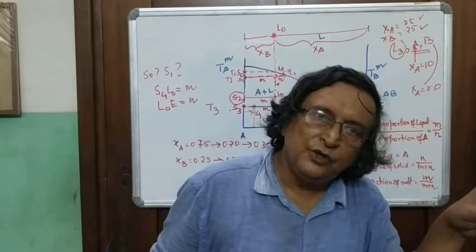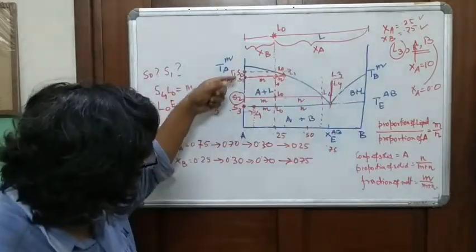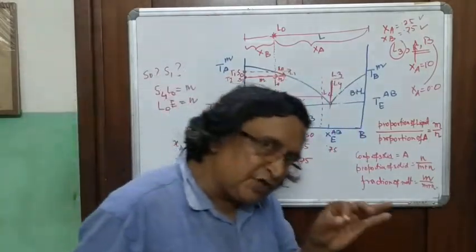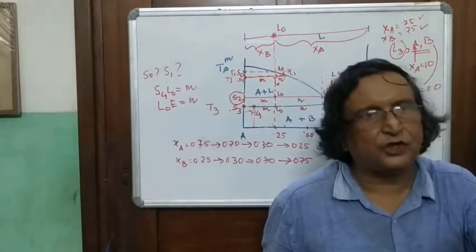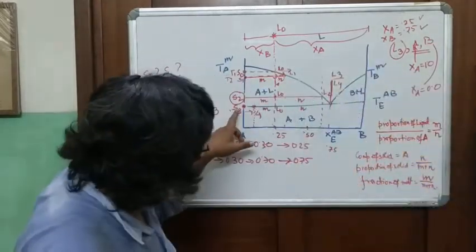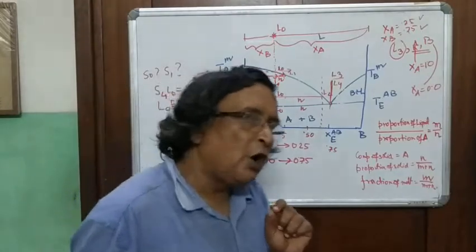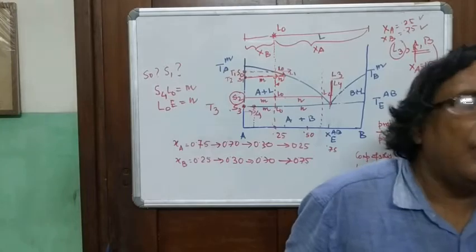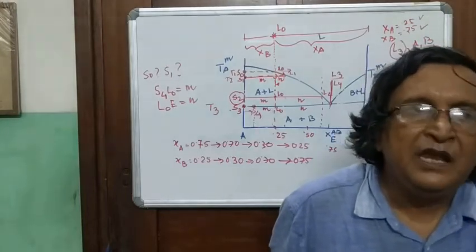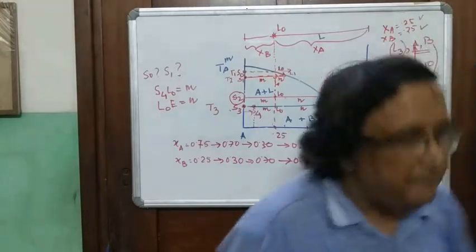Have you understood? So from S1 to S3, the composition of your solid was pure A. But from S3 to S4, the composition of your solid is no more A100. It is now A90, B10. Why?